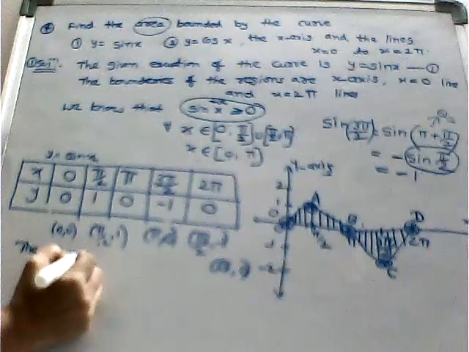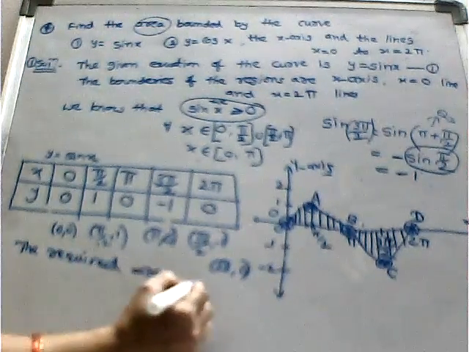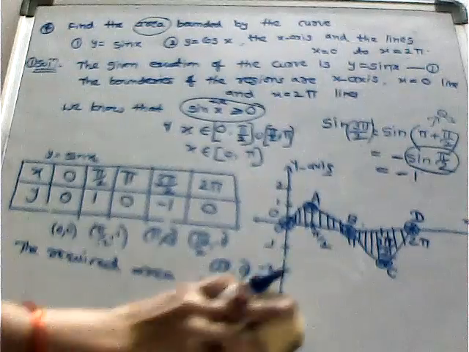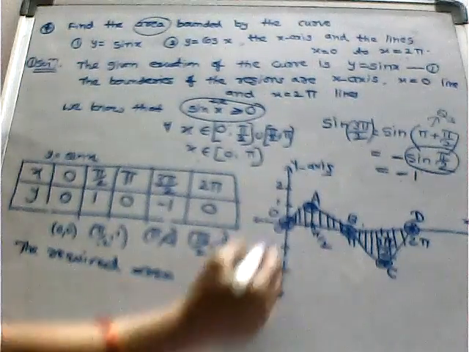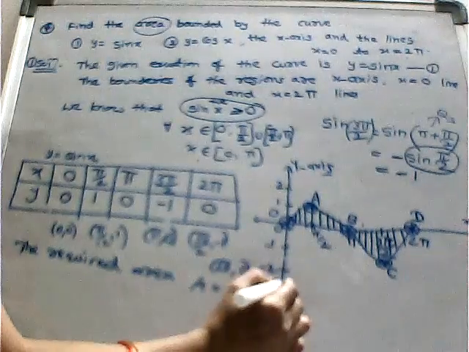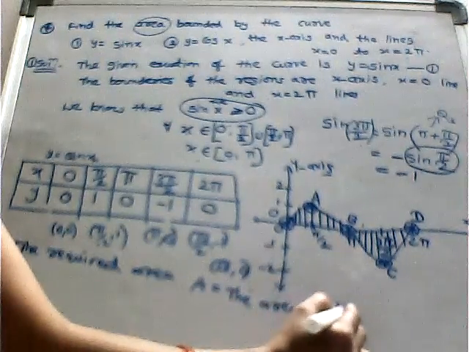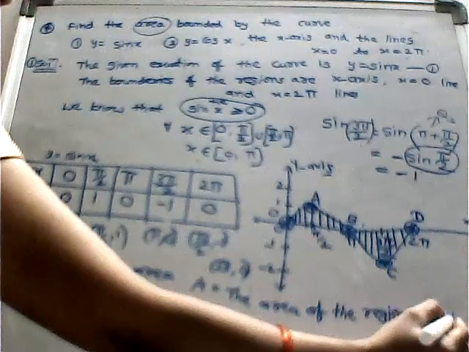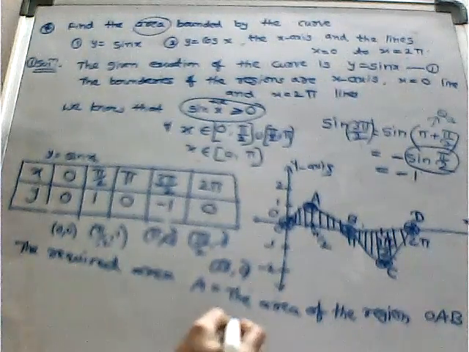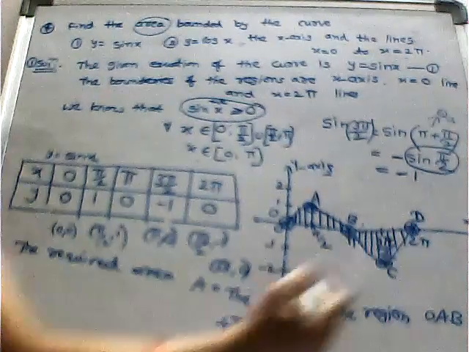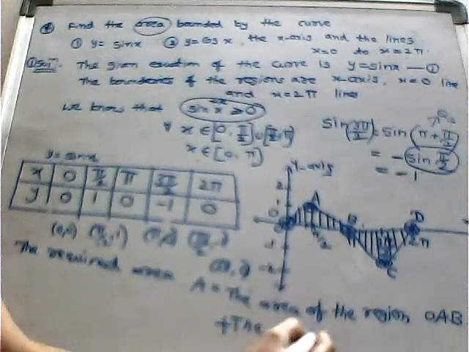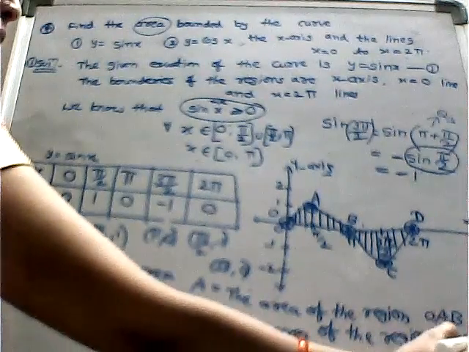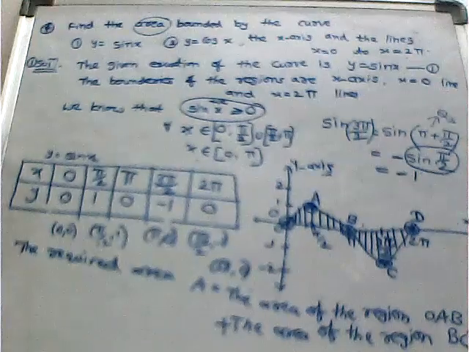The required area A equals the area of the region OAB plus the area of the region BCD. These two you can find and add.